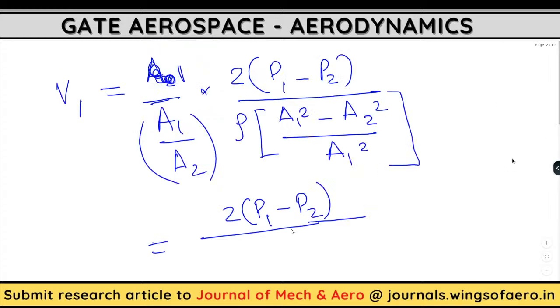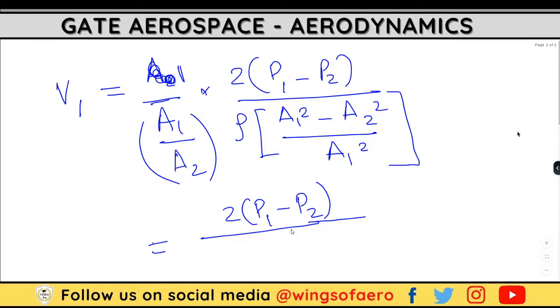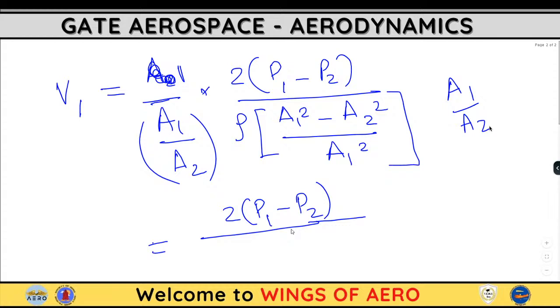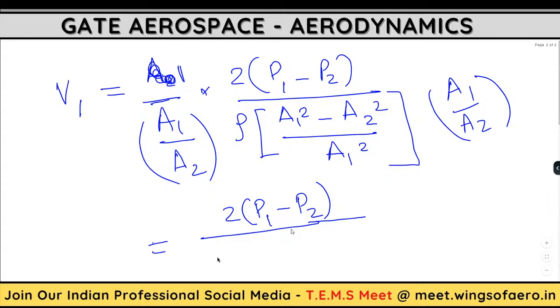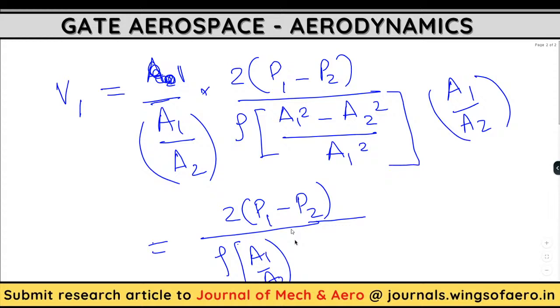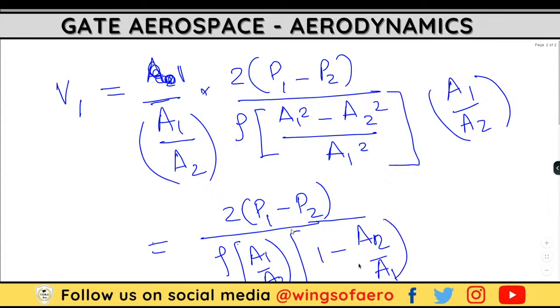As told already, A1 by A2 is a given ratio, so that can be used. A1 by A2 is a ratio, a contraction ratio. Yes, but here we have these complex terms. How can we use that? So can we write this as A1 by A2 again, that one minus this, the same way?